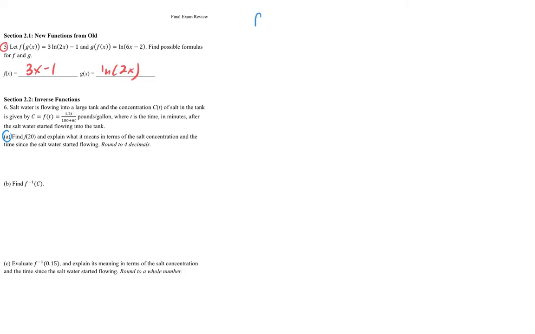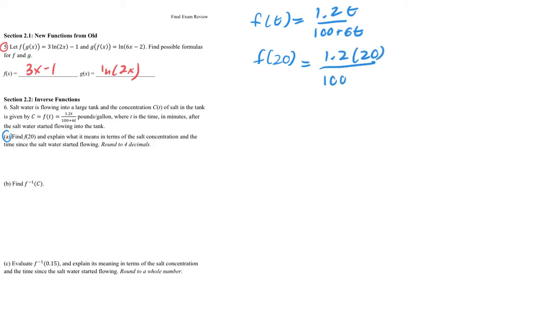So we want to know what F of T is equal to 1.2T over 100 plus 6T. F of 20 is equal to 1.2 times 20 over 100 plus 6 times 20.